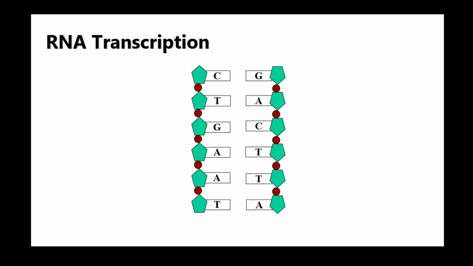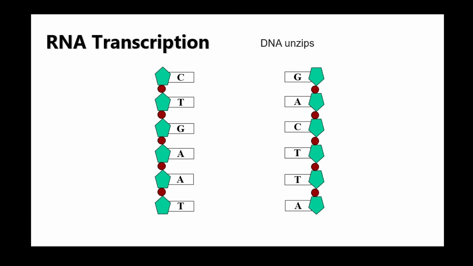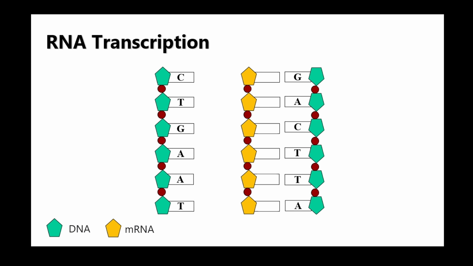Now, this is the original DNA that we have used a while ago as an example for DNA replication. Again, for RNA transcription, the strands would unzip again, and then mRNA will copy the coding strand.